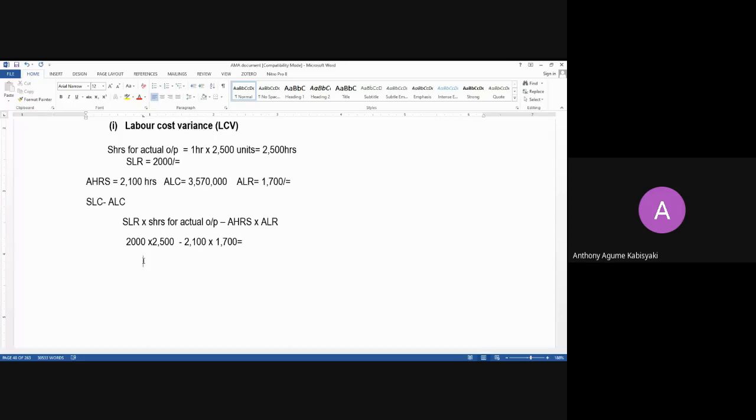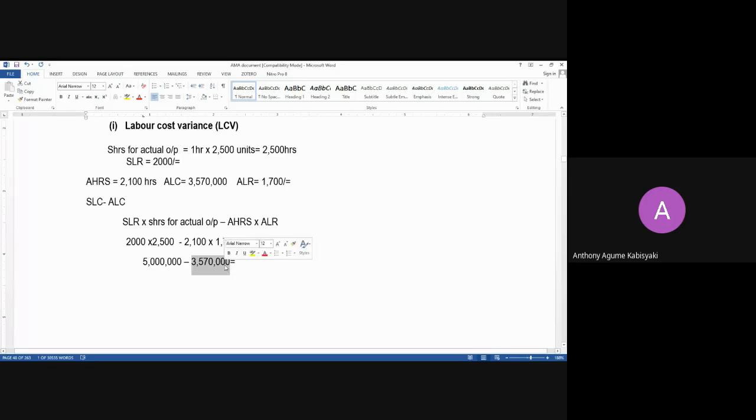First give me the standard labor cost. 5 million. Then minus 2,100 times 1,700, which gives me 3,570,000. What does it imply? That my actual cost is less than the standard cost. I had planned to spend 5 million, but I've actually spent 3.57 million.